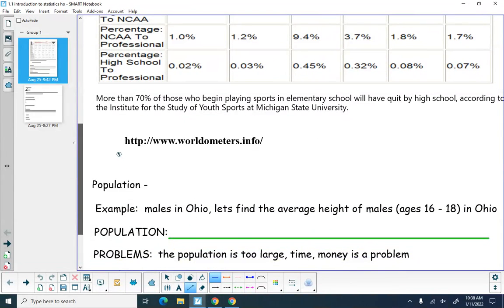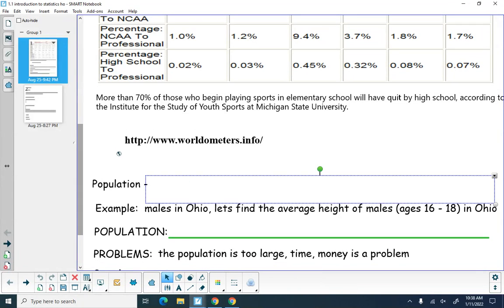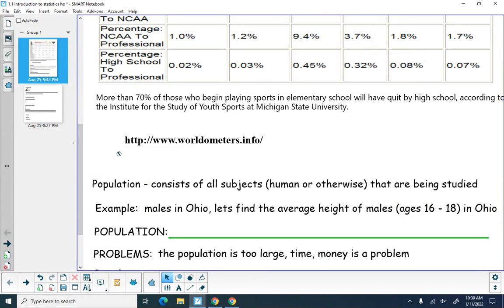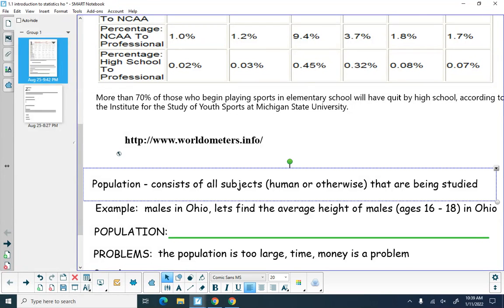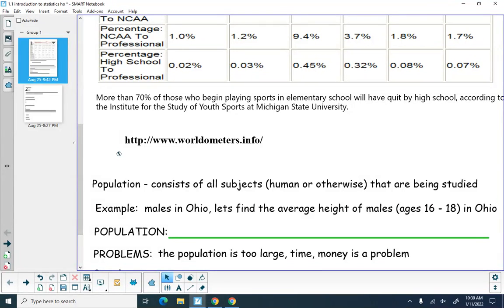When we talk about statistics, we have 2 different types of groups. We have 2 groups that we're dealing with here. The first is what is called a population. When you talk about a population, it consists of a group of humans or whatever you're talking about that are being studied.